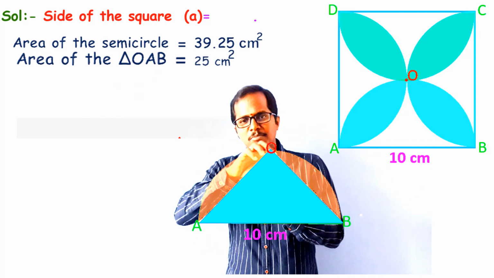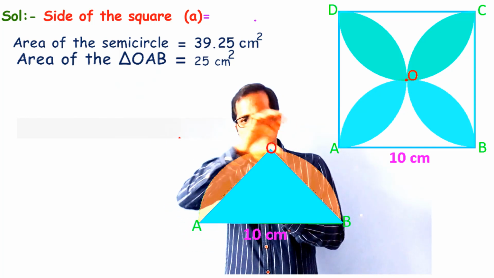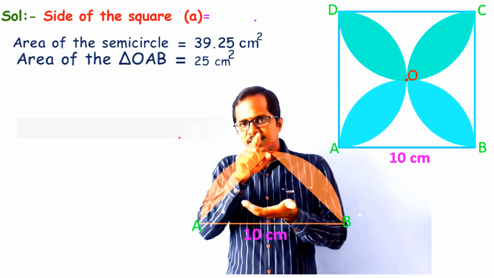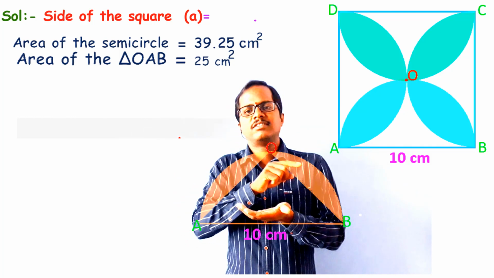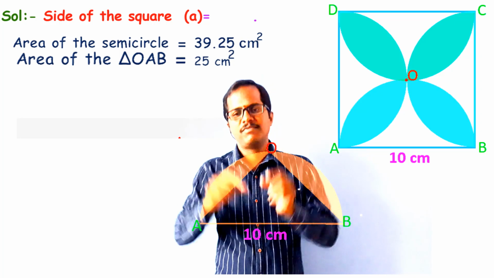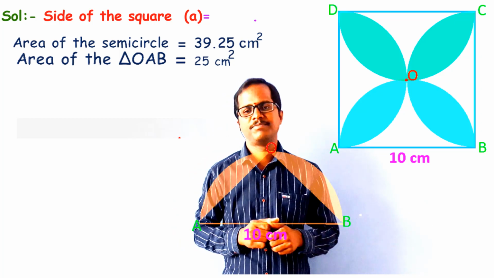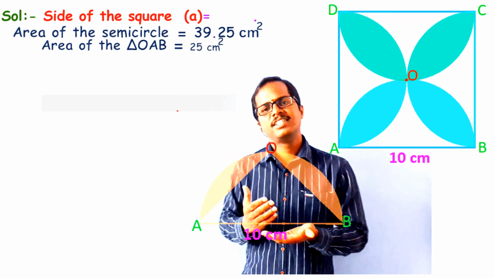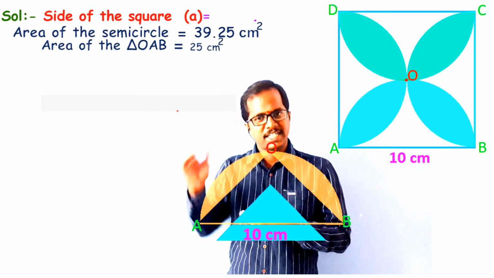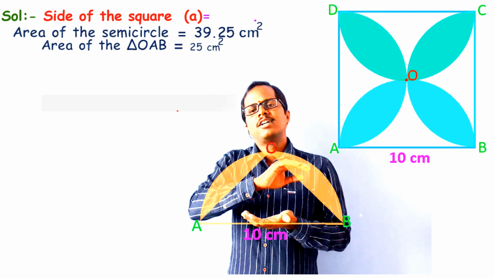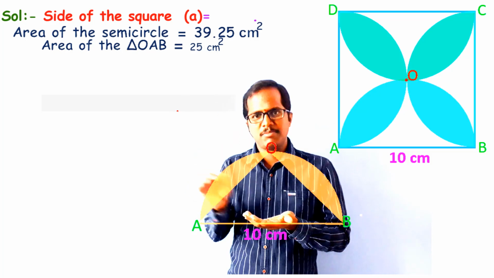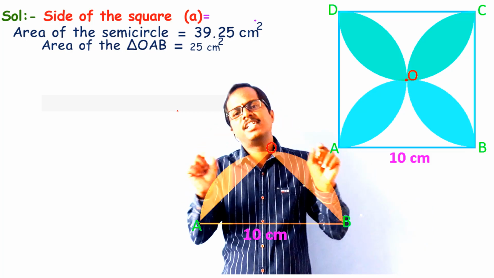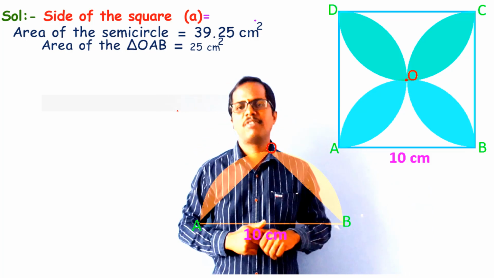Imagine, if we remove this triangle from the total semicircle, we are left with half of the shaded portion of these two parts. Yes? By removing the triangle portion from the total semicircular region, we get half of the shaded portion of these two shaded parts.